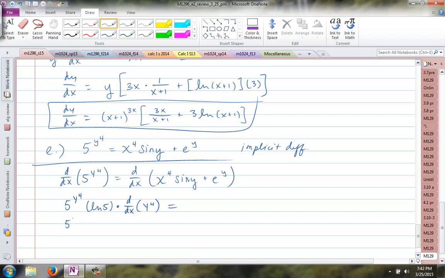So the derivative of y to the 4th with respect to x, what's that going to be? We've done one like that. Good. 4y cubed times what? Good, dy over dx. So we're applying the chain rule there. Questions on the left-hand side?